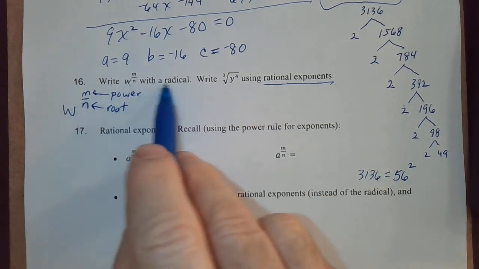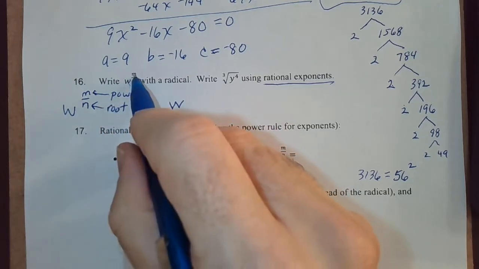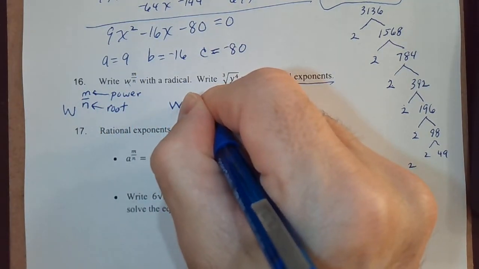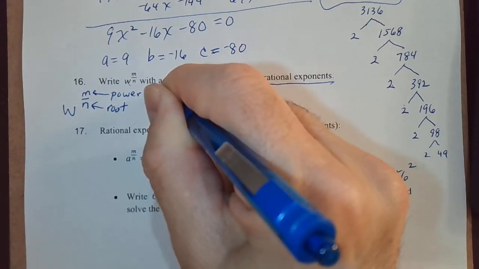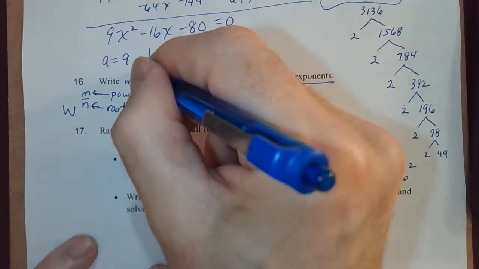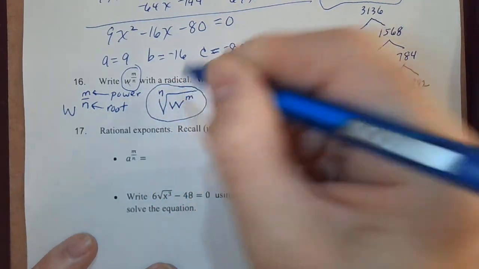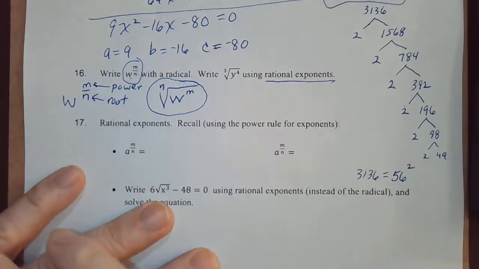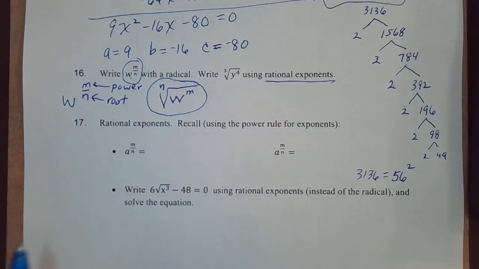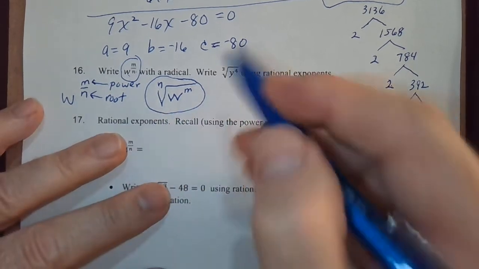So if I want to write this as a radical, I'm going to write w, and the power is m, and the root is the nth root. So this is equivalent to this. One of them written with rational exponents, one of them written with a radical. Now I'm going to show you there's one more way you can do it. Notice what I did.